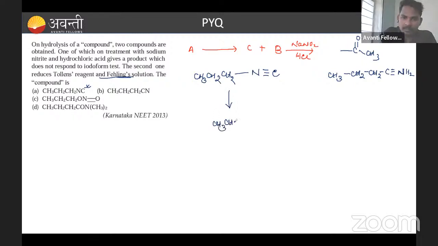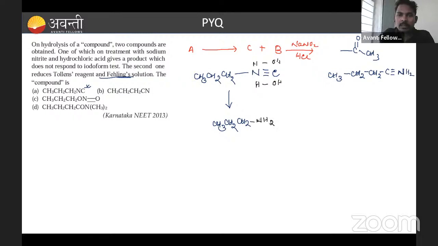Do the hydrolysis of this one. So it prefers NH, so we will write this NHOH. This is HOH. So we can say we have this one NH2.